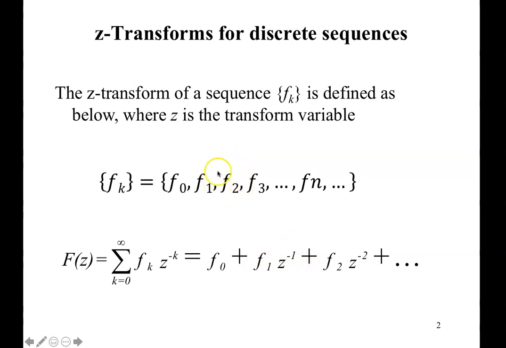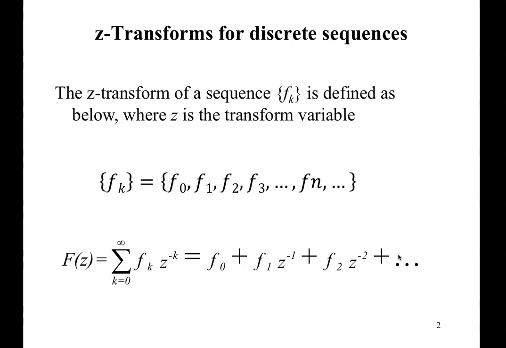This one multiplied by z to the power of minus 2, and so on. The negative power will go up: the next component will be z to the power of minus 3, and the next one z to the power of minus 4, and so on. If you multiply and add them all together, that will be the z-transform of that sequence. So if you know the sequence, finding the z-transform of that sequence is pretty straightforward.